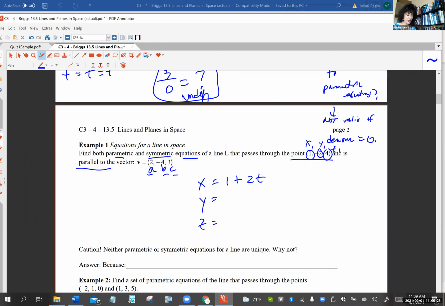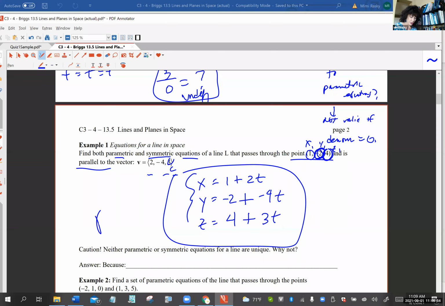Your second parametric equation is y equals the coordinate of the point, -2, plus the y component of your direction number, -4, times the parameter, t. Your last parametric equation is z equals your last coordinate, which is a 4, plus your last direction number, 3t. And there is the set of parametric equations.